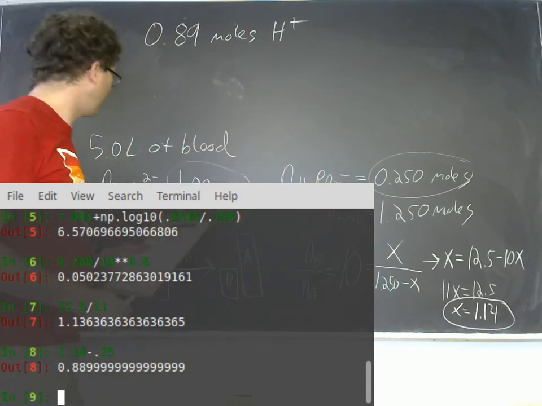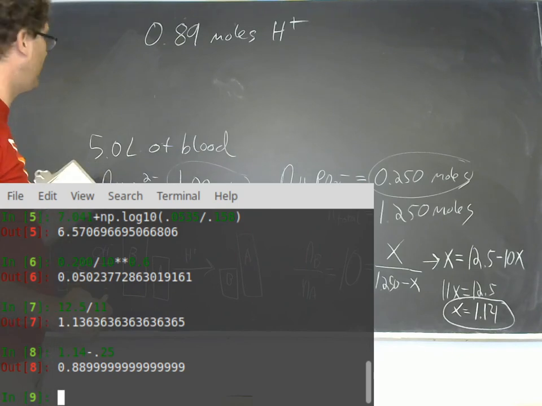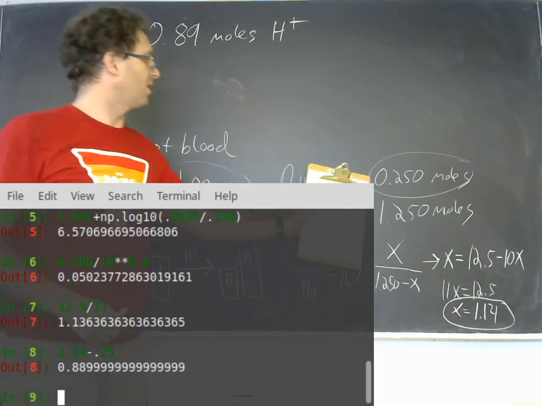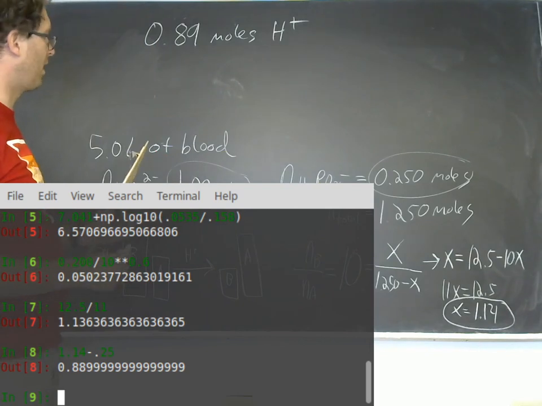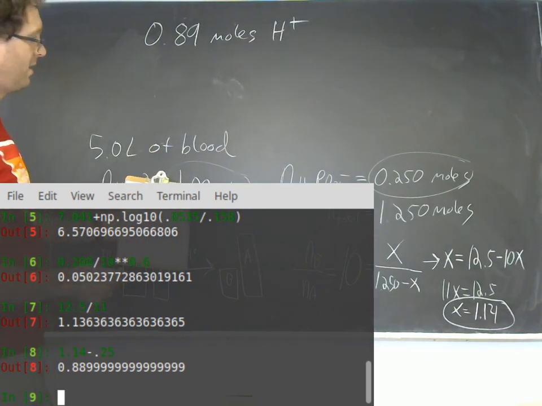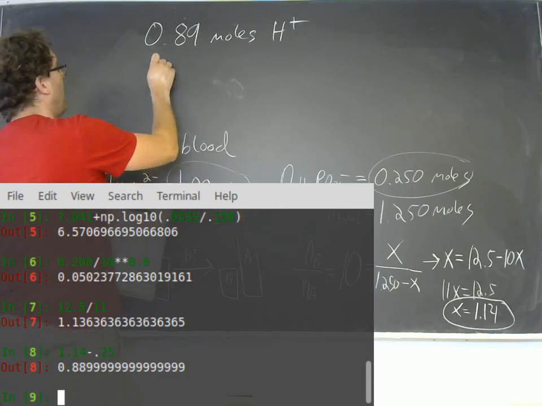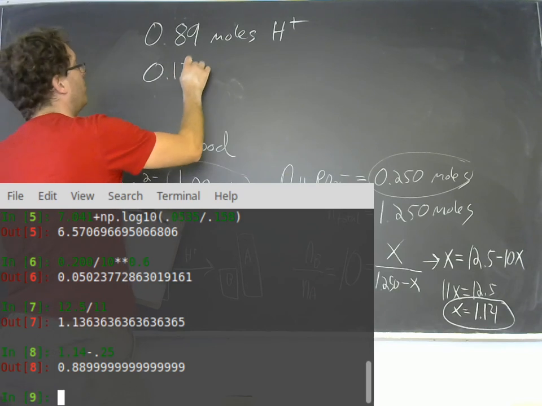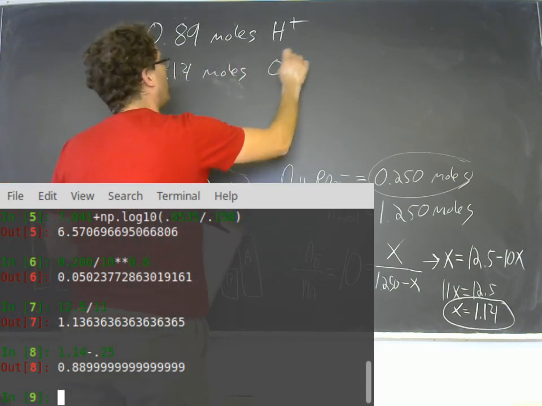And then if we wanted to look at the amount of base that we could add, well, base is going to convert our amount of acid into conjugate base, and so we just need to take that 1.14 and subtract the 1 mole, and that's just 0.14 moles OH minus.